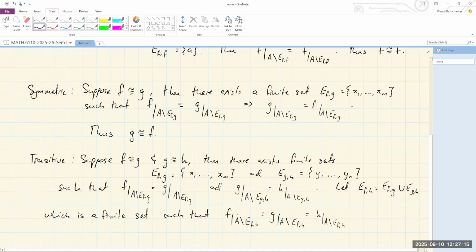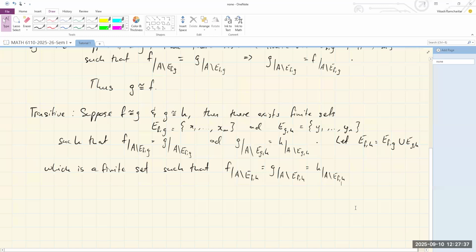I wanted to construct a finite set, in this case the finite set E_FH, such that the function f is equal to h on the set of points A minus that set. So you could say f is related to h.